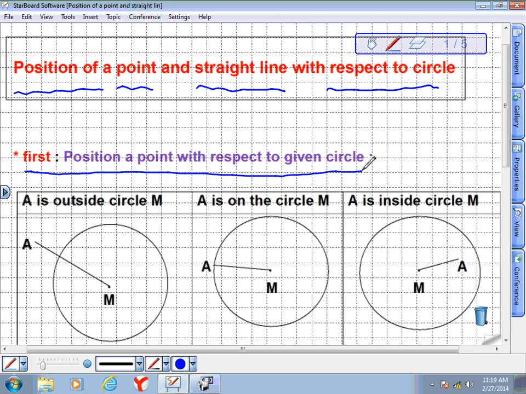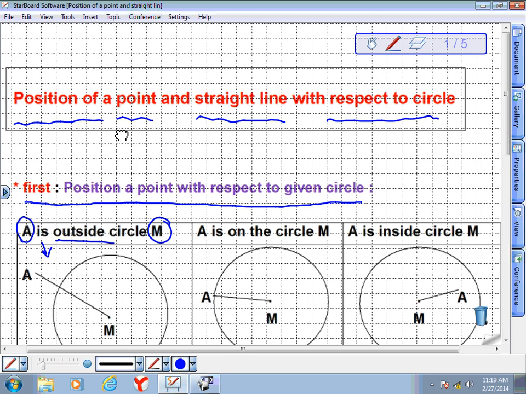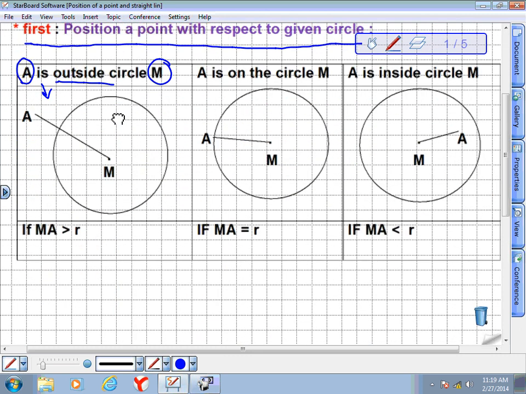Firstly, if we have the point A outside circle M, like here in this circle, we will find that if the point lies outside the circle, so MA will be longer than the radius length.